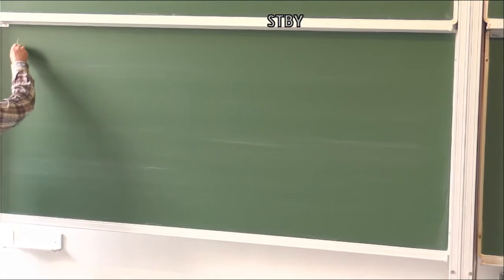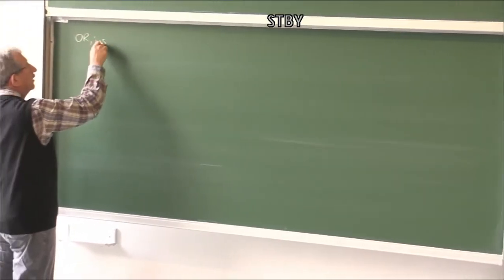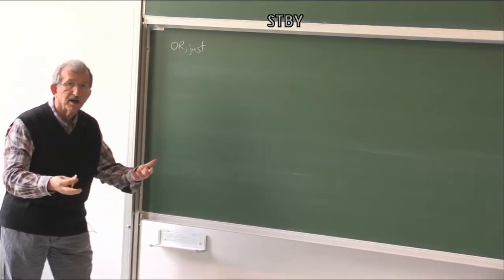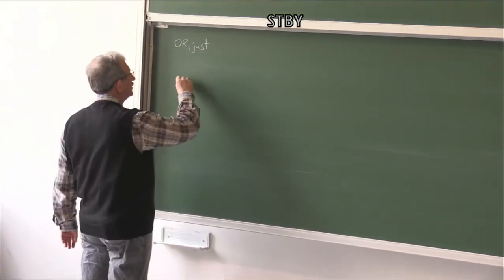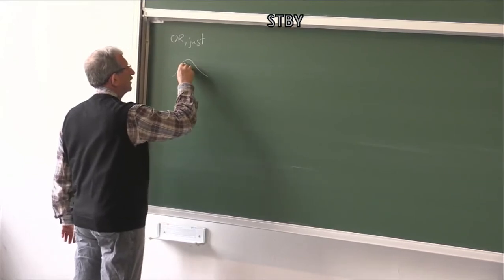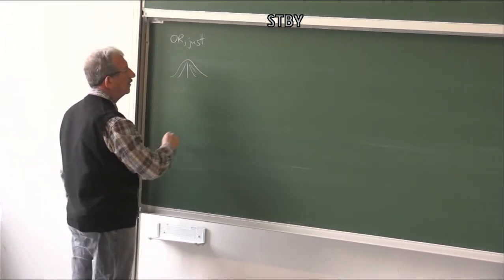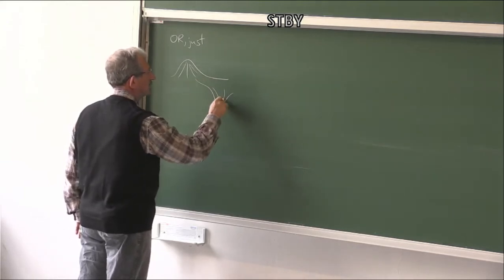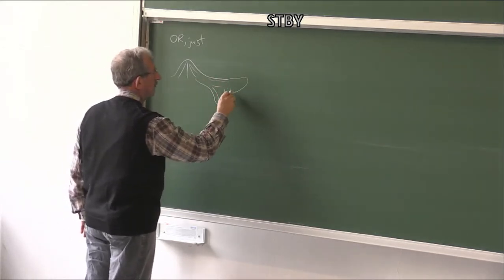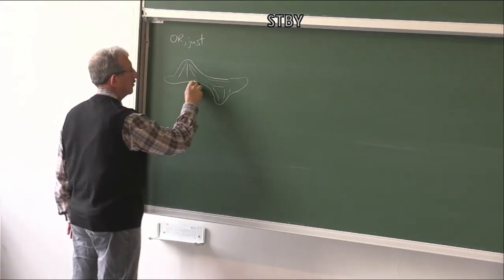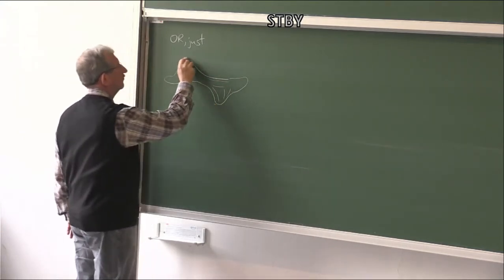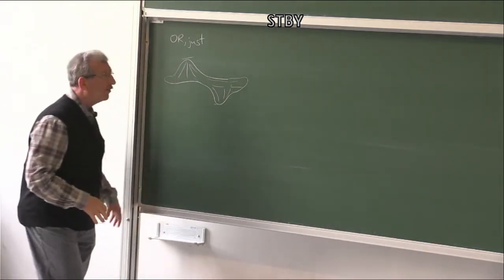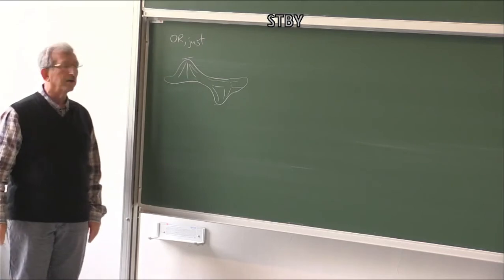For example, just consider the following example from one variable, generalized, of course. Suppose you have a surface which makes a hilltop at some point, and it has a ditch somewhere. And suppose that it extends, but it's bounded by these values.